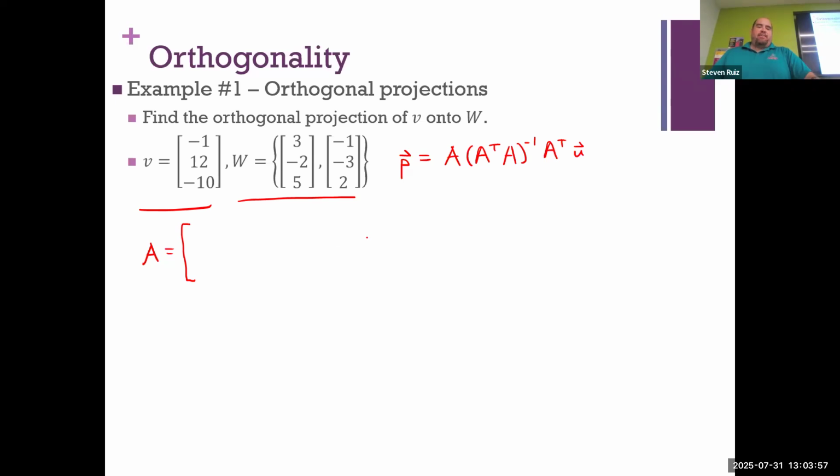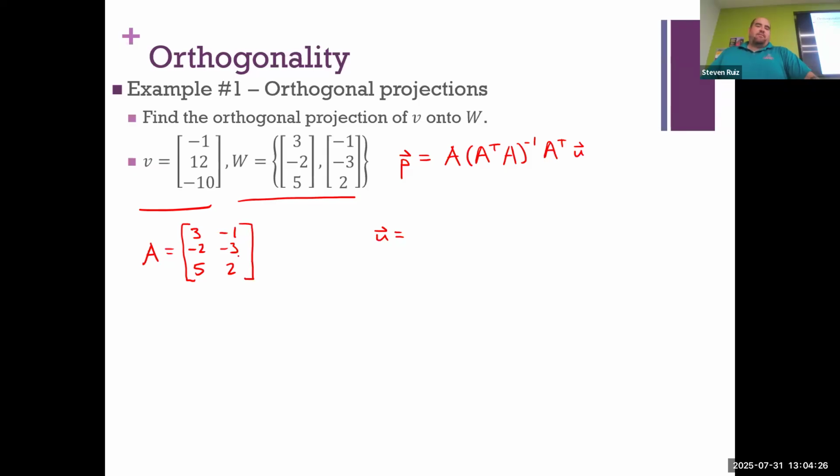To build what A is, we should really know what A represents. So again, what does A represent in this calculation? Yeah, basically it's those basis vectors. The columns of A are going to be the vectors that belong to the basis of the subspace that I'm interested in.